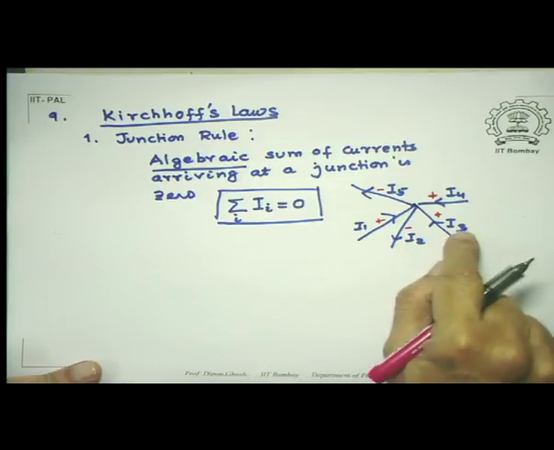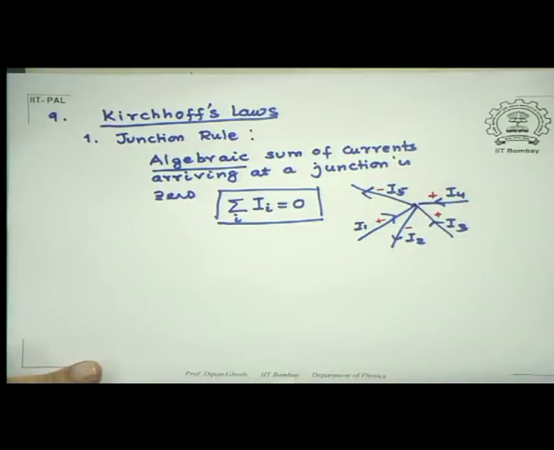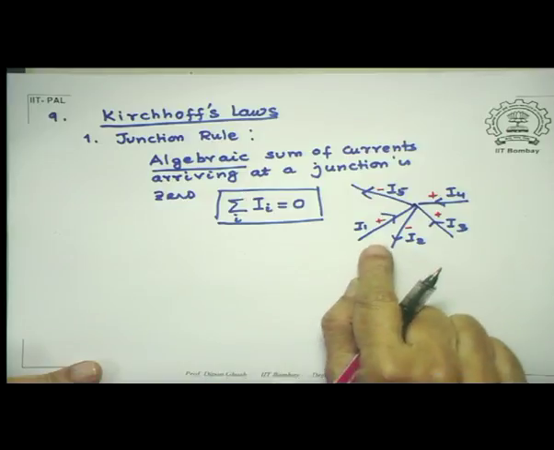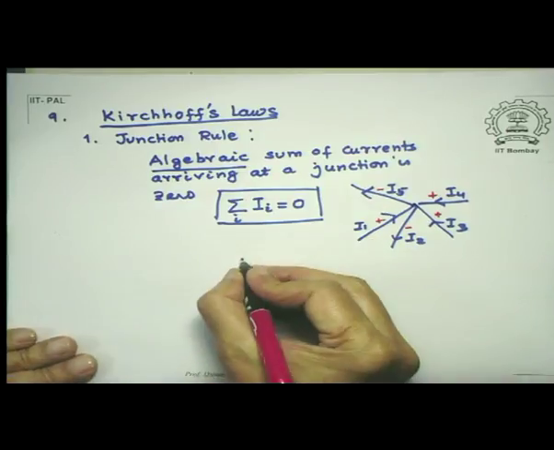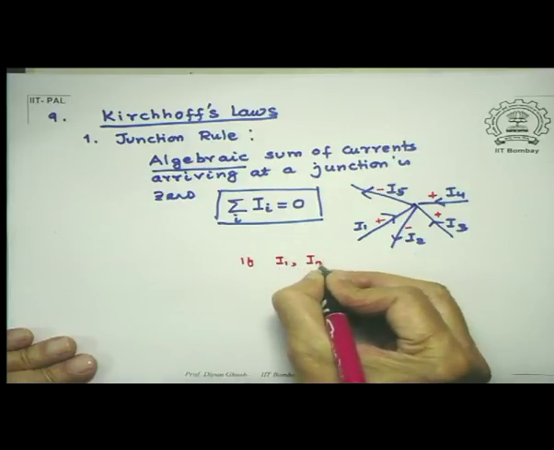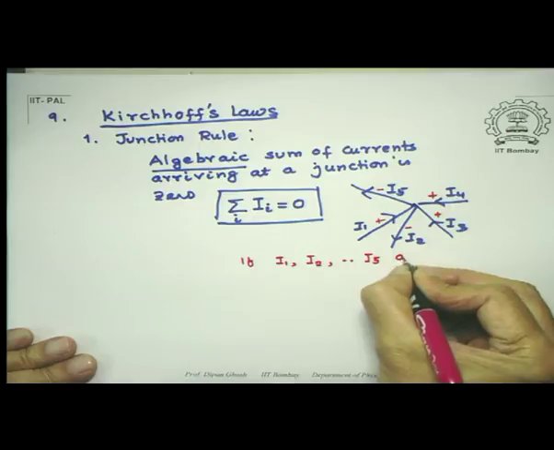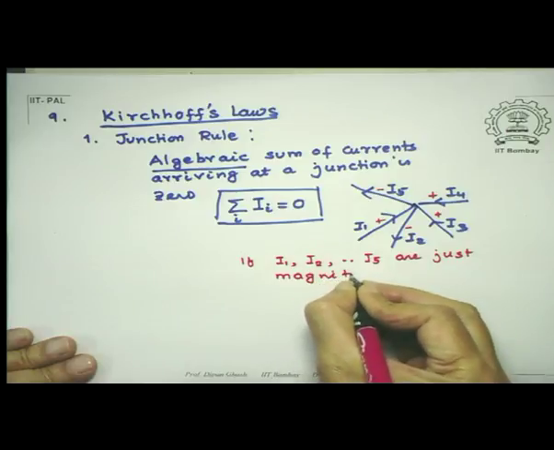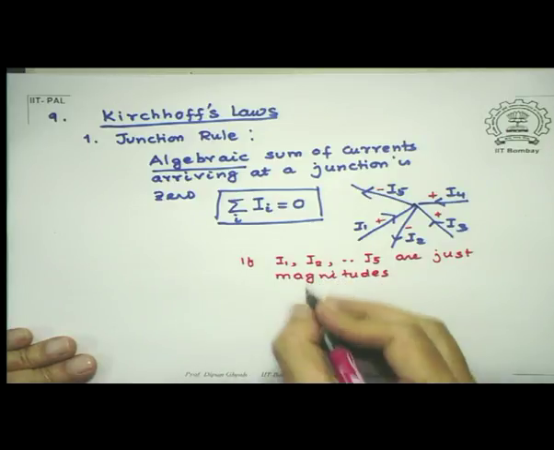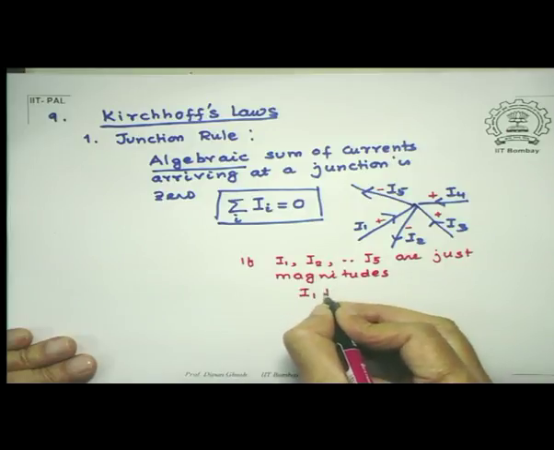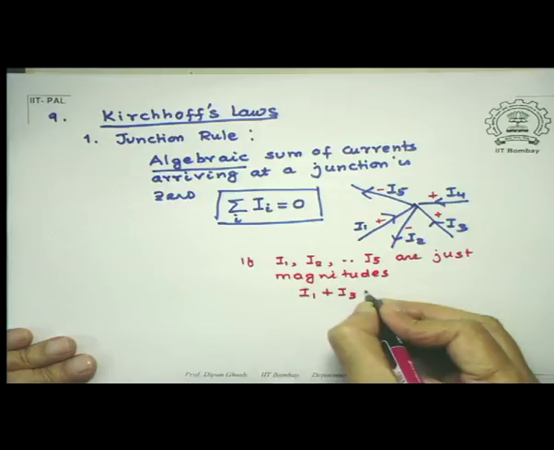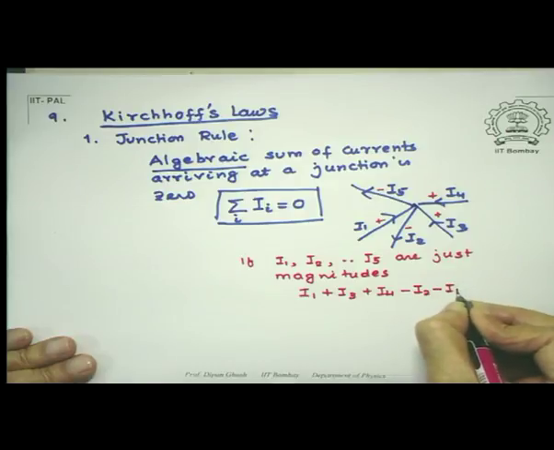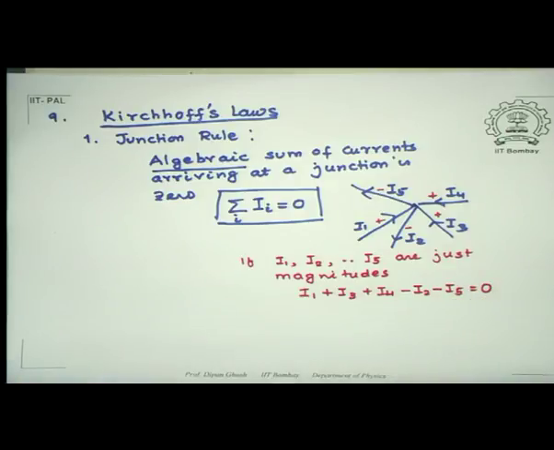If I1, I2, I3 etc. are just magnitudes, with directions as shown, then it tells me that I1 plus I3 plus I4, which are coming in, so hence positive, minus I2 minus I5 equal to 0. This is what is meant by algebraic sum being equal to 0.